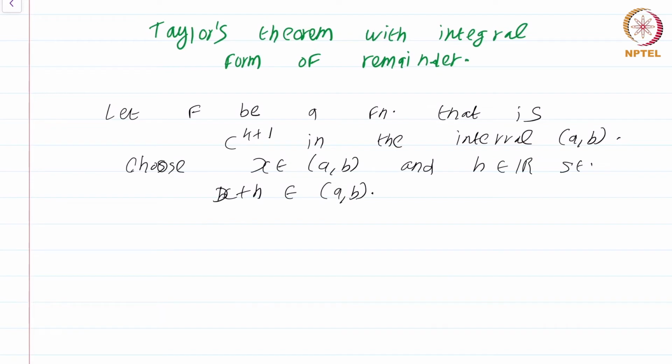Okay, for simplicity, this is the sketchy part. For simplicity, take x to be 0 and h greater than 0. The argument that is about to follow does not crucially depend on these hypotheses, but the notation will become significantly simpler.